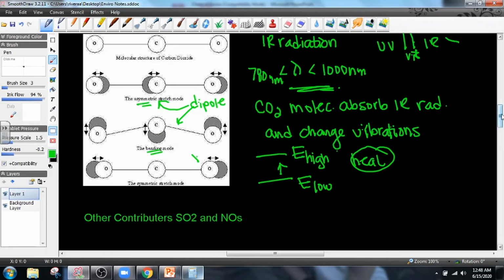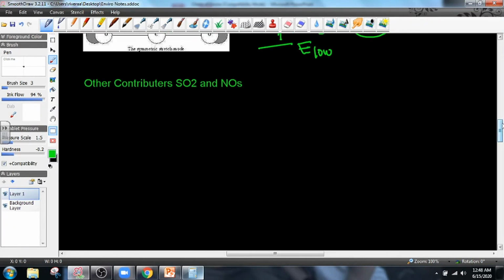Other things that are contributing to problems in the atmosphere are sulfur compounds and nitrogen compounds. And we're going to talk about the sulfur compounds first. The reason why I said it was good that coal was going down is coal has a lot of sulfur in it.